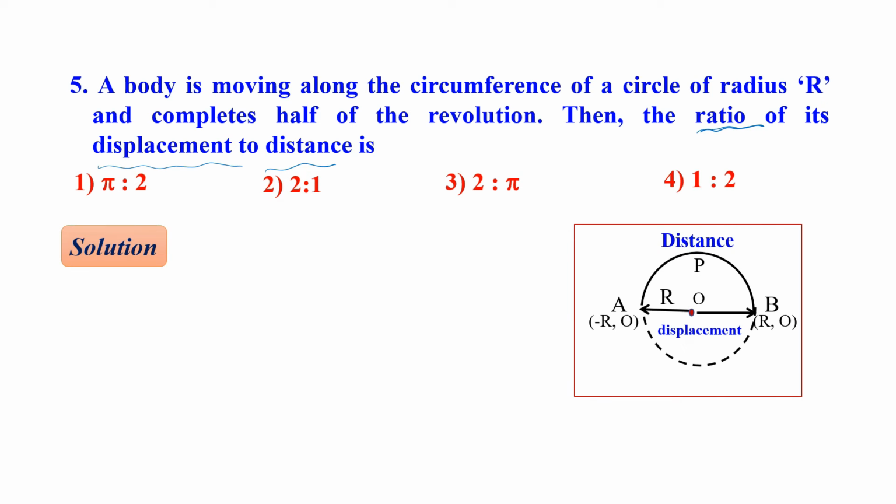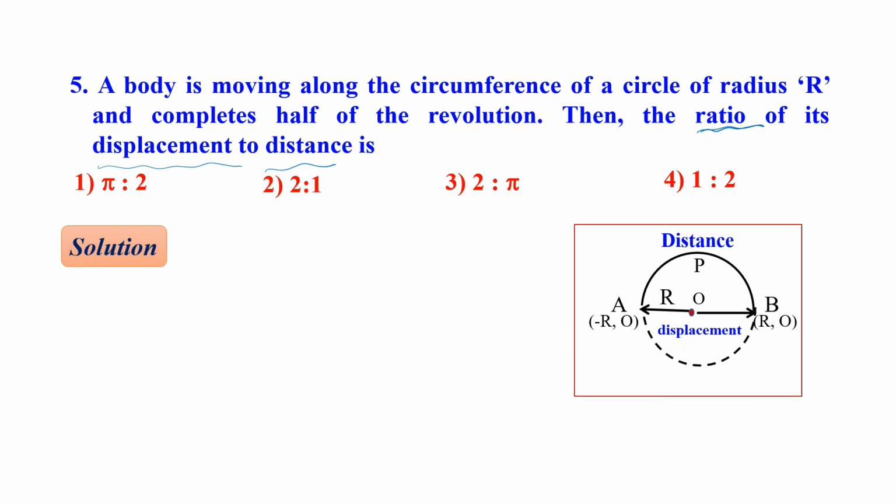This is a diagram for this, point A and point B. A body is moving along the circumference of a circle of radius r and displacement is here to here. So the ratio of its displacement to distance for half revolution. Only for half revolution we have to calculate distance and displacement.